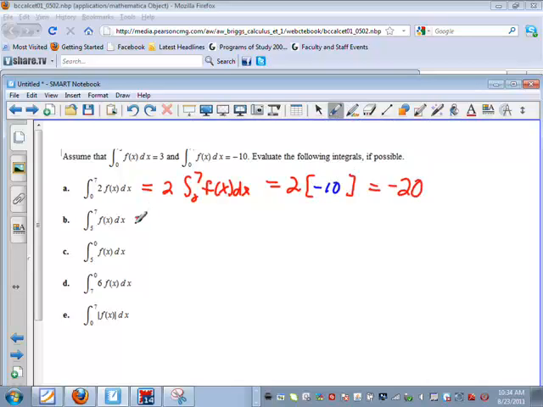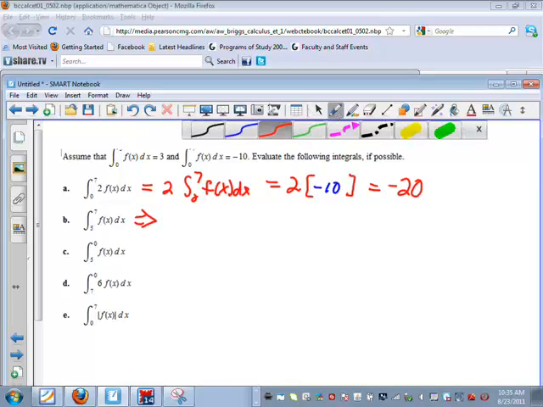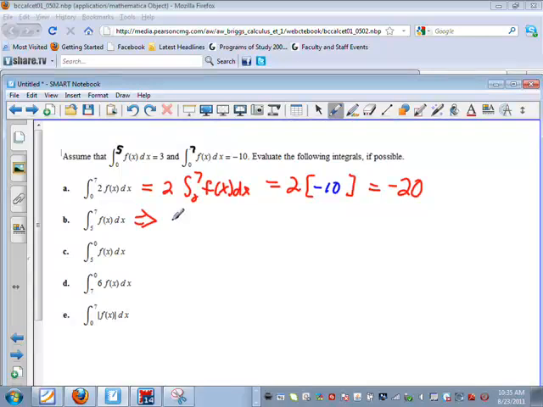All right. The integral from 5 to 7. Well, we know that the integral from 0 to 7 of f of x dx is equal to negative 10, right?